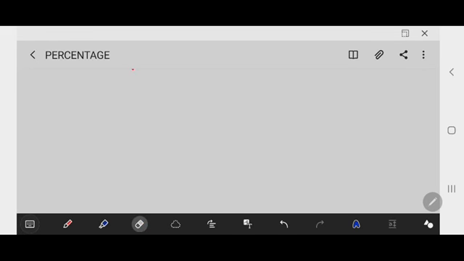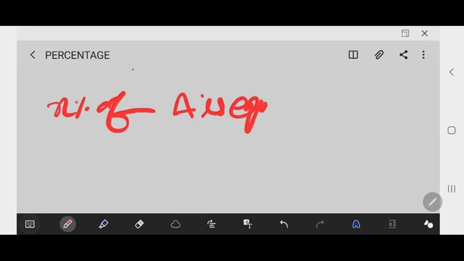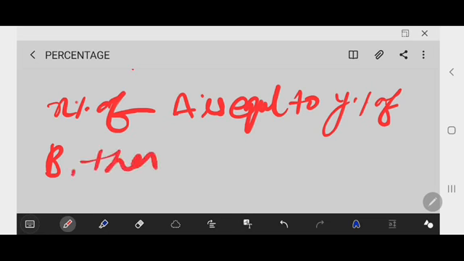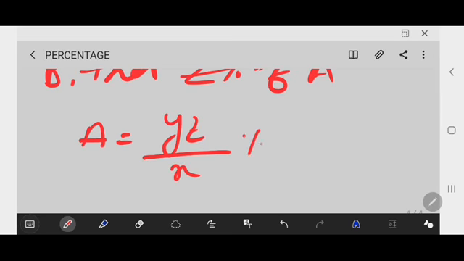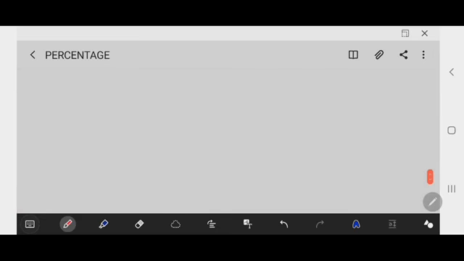Sorry, I'll write it again. x percent of a is equal to y percent of b, then z percent of a is what? Then z percent of a equals y times z divided by x percent of b. We'll see one example, you will get it easily.